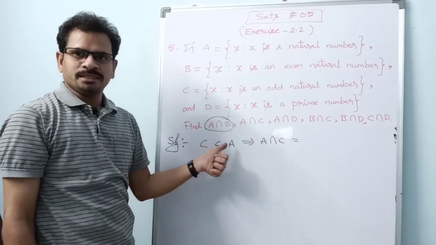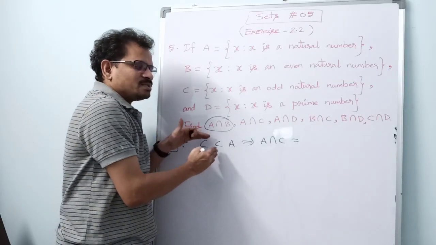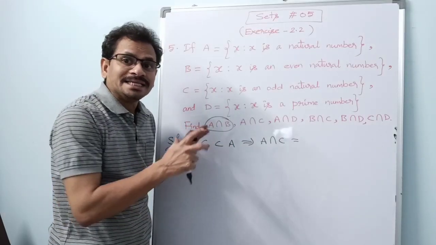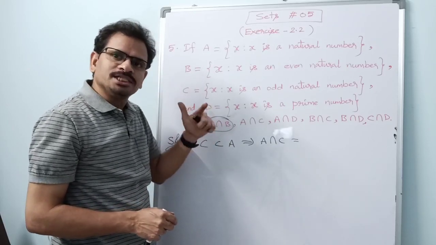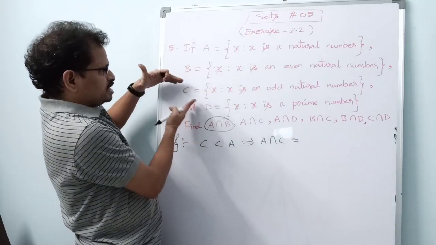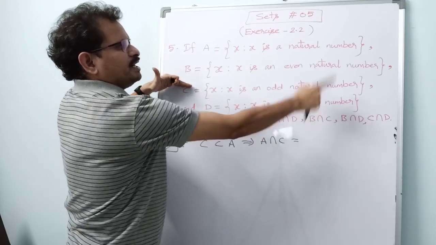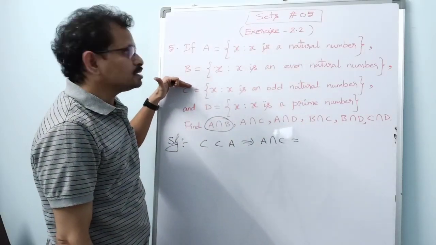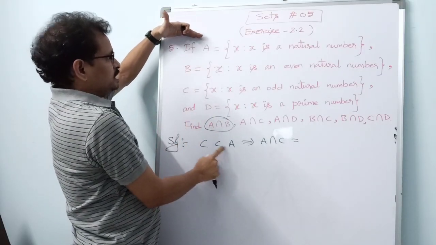In the previous example also you have checked: if one set is a subset of another set, then their intersection gives us what? That subset only. So with that knowledge, let us write this one. C is the set of odd natural numbers, and C is a subset of A, clear?